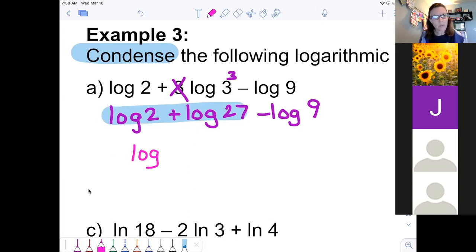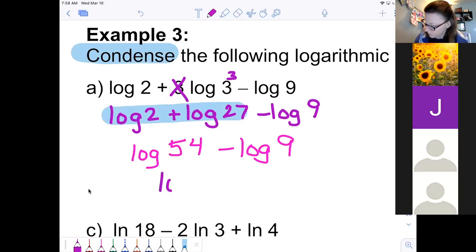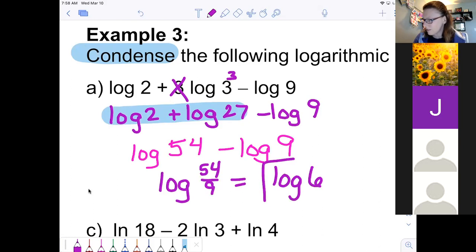Yeah, what is 2 times 27? 54. Good. All right, Gabby. So now we have the log of 54 minus the log of 9. What do you think you do with those two? Would you divide them? Yeah, what is 54 divided by 9? 6. Excellent. Nice job.